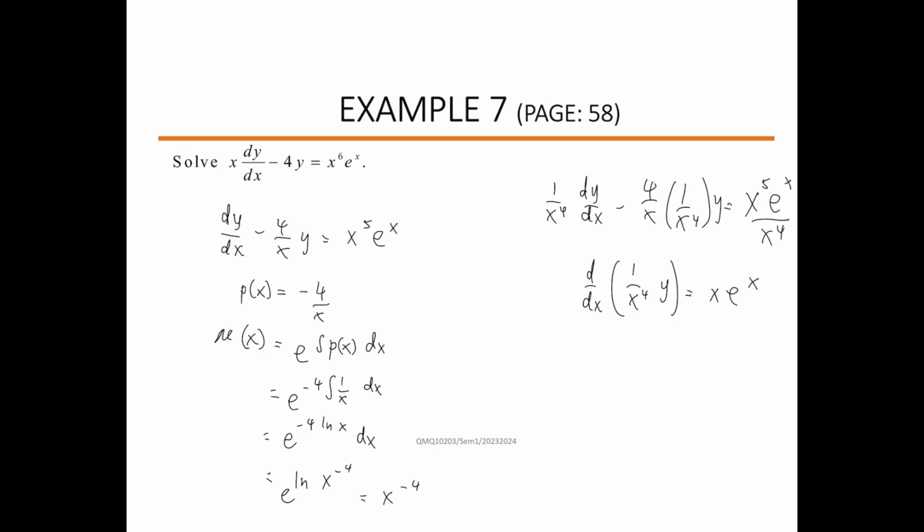So integrate both sides. So we have y over x to the power of 4 equal to the integral of x e^x. To find the integration for x e^x, we will use the integration by tabular method. To use the tabular method, please remember this term ILATE.